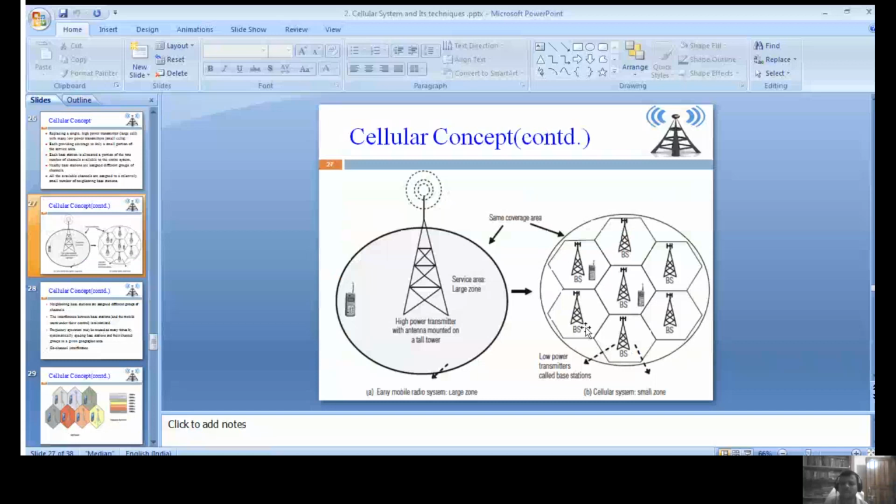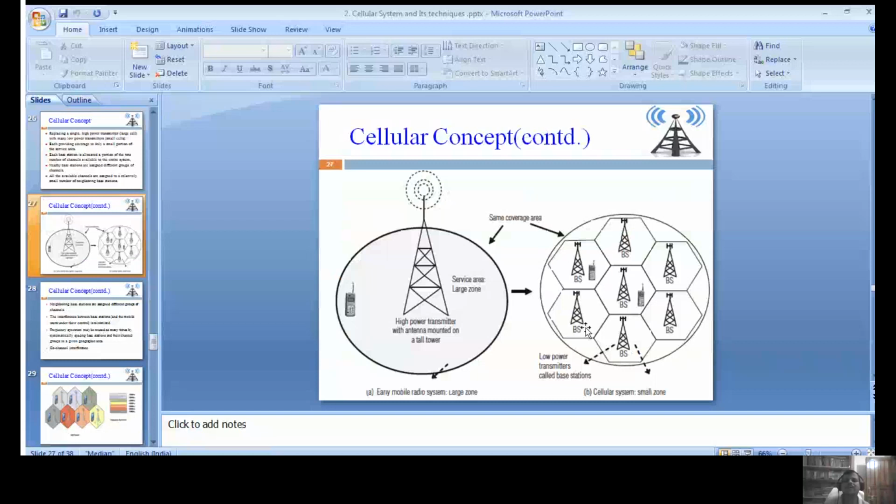Each one is called a cell. See how many small cells there are here: 7. A single area can be divided into 7 small cells, each with its own low power transmitter.